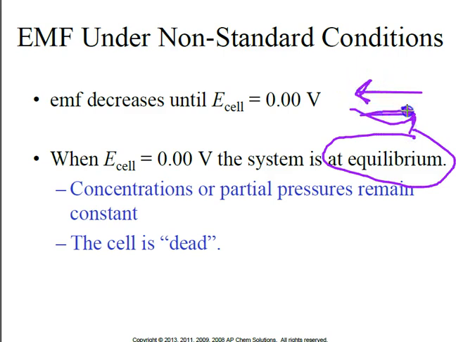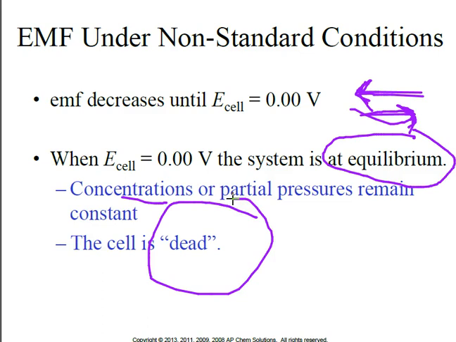It's just going forward, back, so it's not creating any electromotive force when it's doing that. The concentrations remain constant at that point, even though there's still a net exchange between the two systems. And at that point, we say the cell is dead. Now remember, stuff is still moving, but those electrons are not going to come through the wire with any force to create electricity.